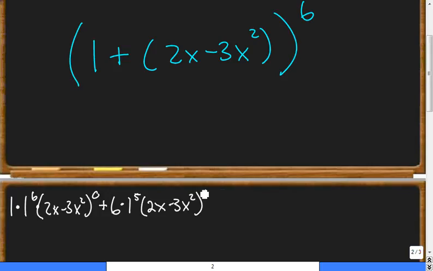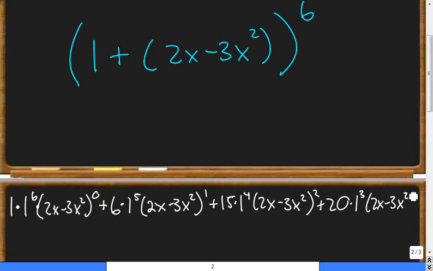So you see we have not only an x, but also an x squared. Then we add 15 times 1 to the 4th times 2x minus 3x squared squared. And lastly 20 times 1 to the 3rd times 2x minus 3x squared cubed.